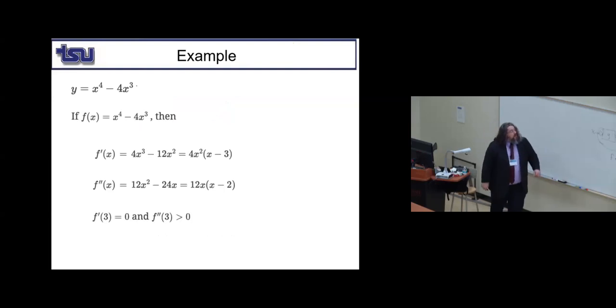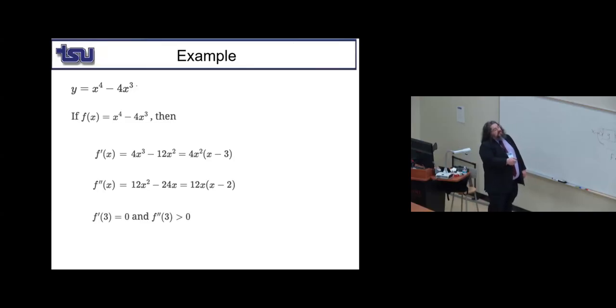So if I look at the input x equals 3, then f prime of 3, well, that equals 0. I plug 3 into this function, I get 0 out of it. And if I plug 3 into the second derivative, I get 12 times 3, 36 times 3 minus 2 is 1, so I get 36 out of it. I really don't care about what number I get out of it. I just care, is it positive or negative?